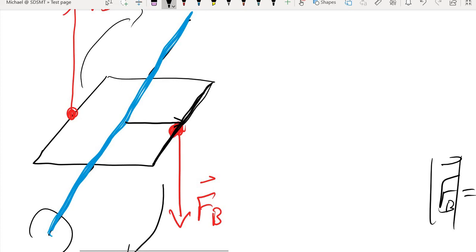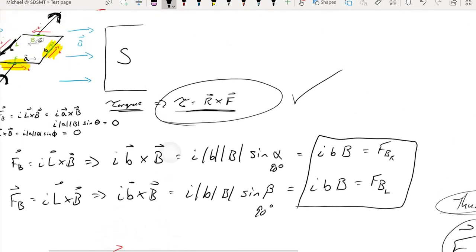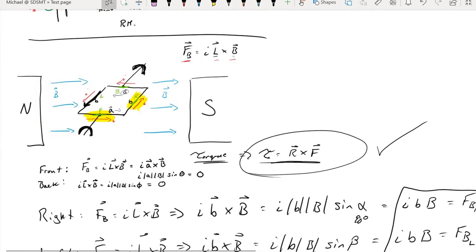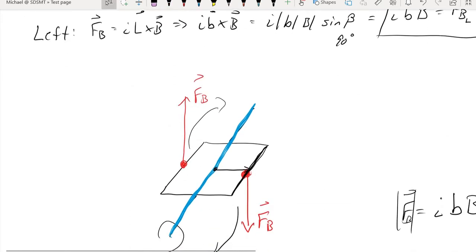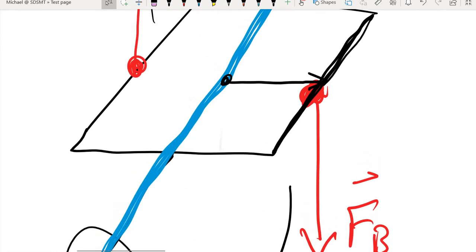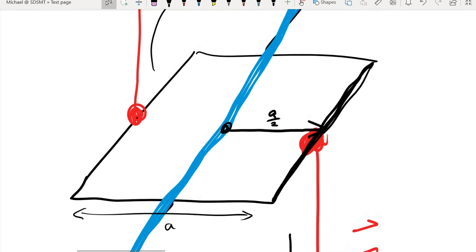Well, how far is that length of wire from the pivot point? And if we look back at our original diagram, we said that the front and back legs of this coil had a length of A. So from one side to the other, that's length of A, which means that we have length of 1/2 A.